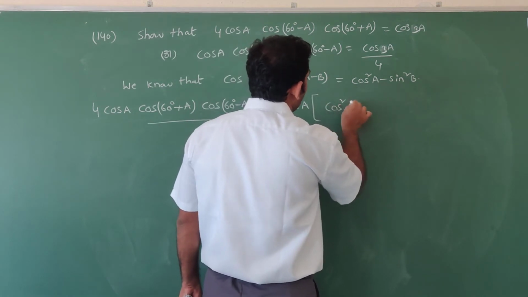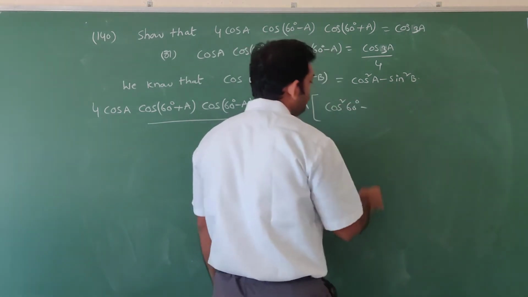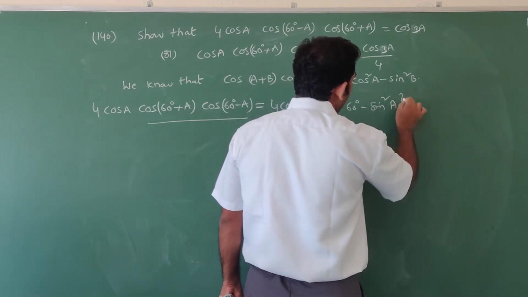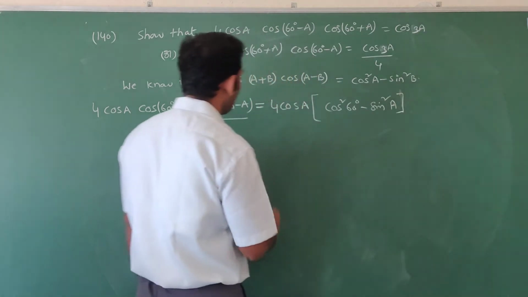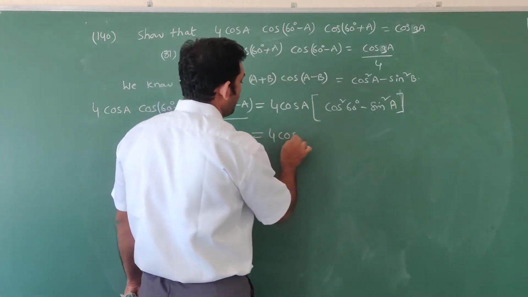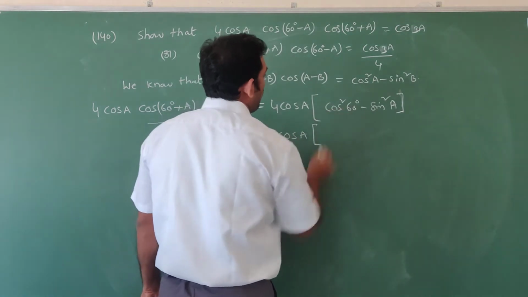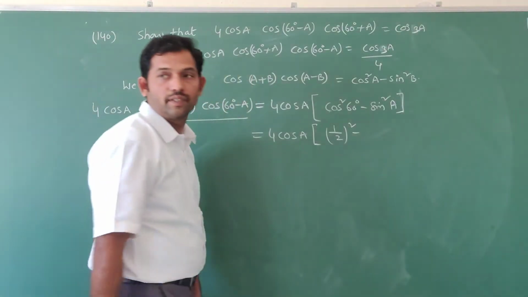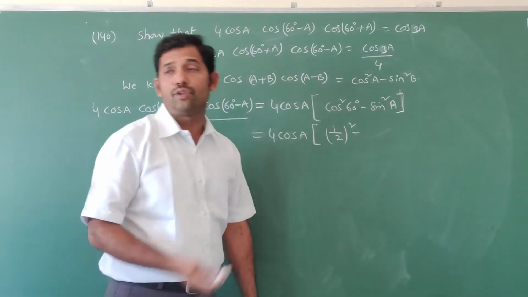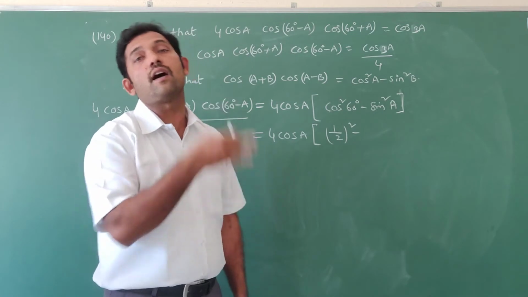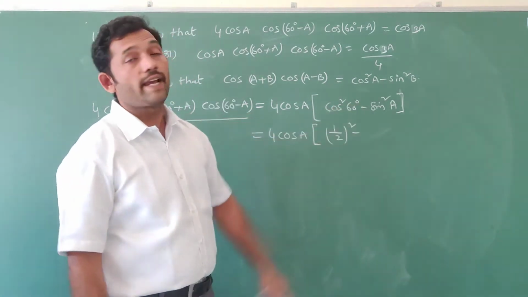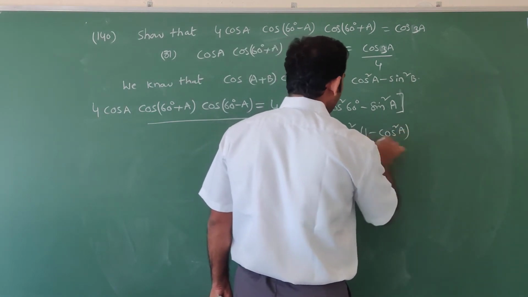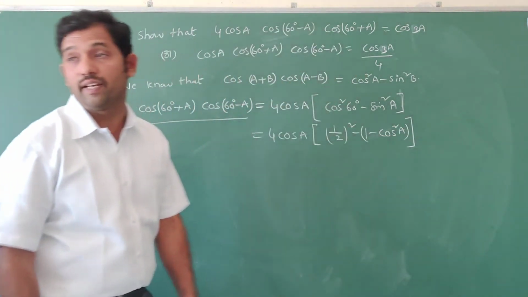Cos square 60 degrees minus sin square A. So what happens? 4 cos A bracket of cos square 60 means 1 by 2 whole square minus sin square A. So the solution in terms of cos you should convert. So sin square A means 1 minus cos square A. Understand?